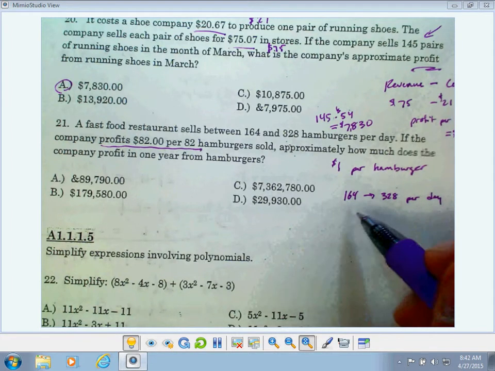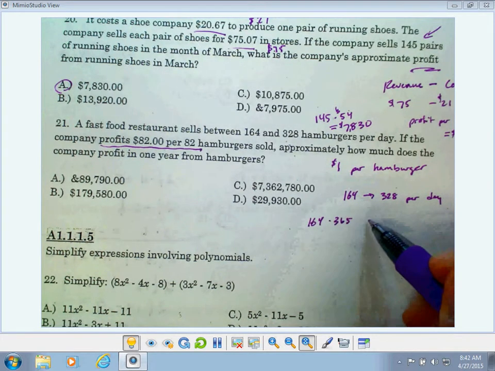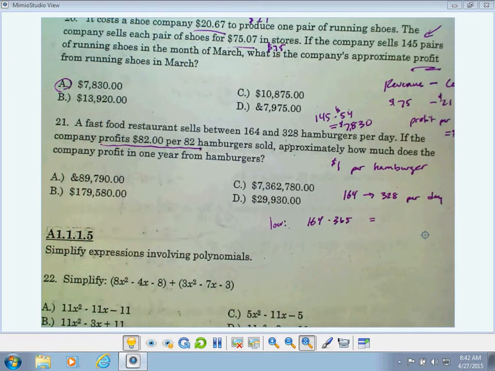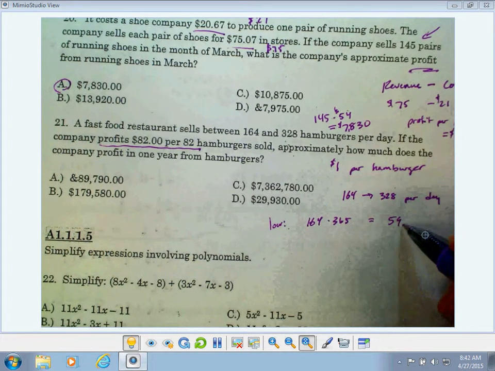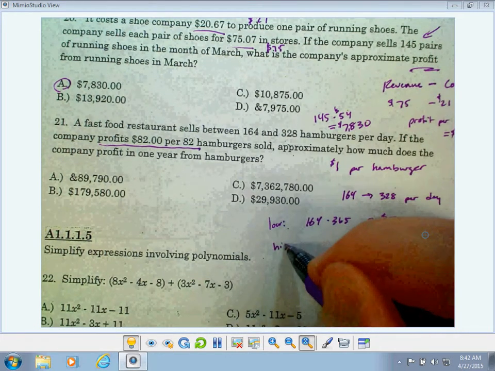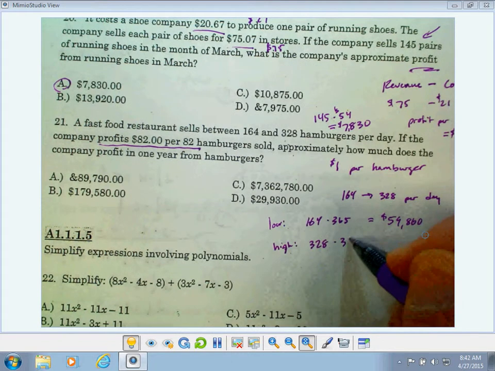So if we say 164 times 365, right, this will be the low. $59,860, and the high would be 328 times 365.